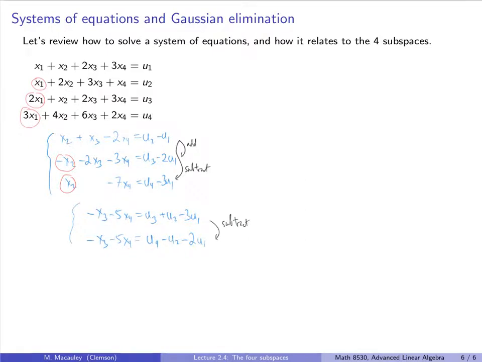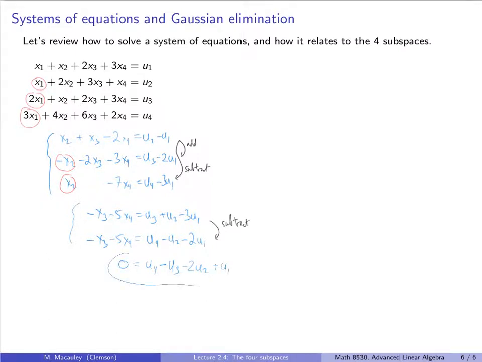And if we do that, the left-hand side is going to become 0, and the right-hand side is u4 minus u3. And then we have minus u2 minus another u2, so that's minus 2u2. And then we have, gotta be careful here, minus 2 minus minus 3, which is plus u1.